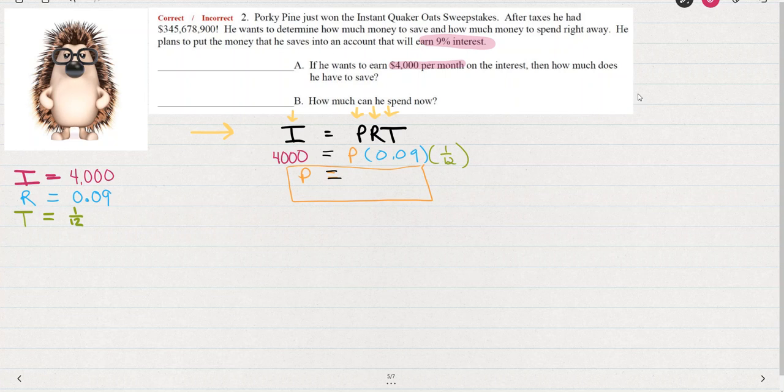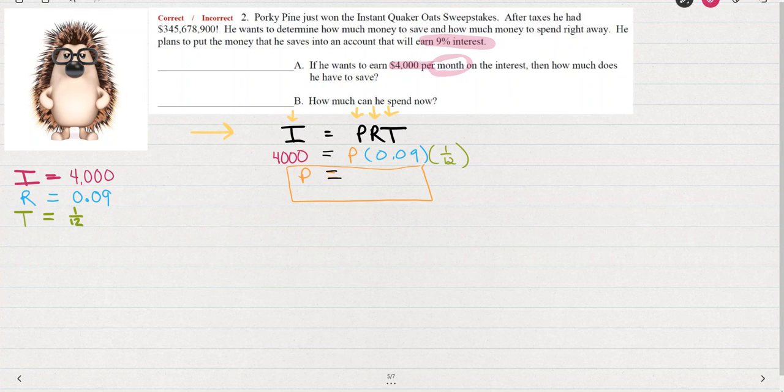But what we've got to do is be able to interpret that. Where was it? He wants to have, here it is, per month, right? He wants that $4,000 per month. So that per month is where we get the 1/12.